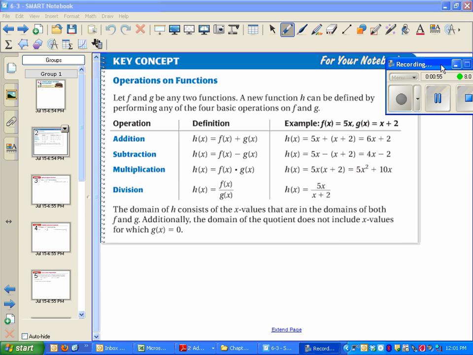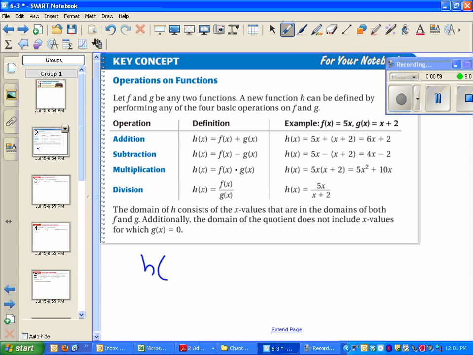So with division, we'll take h of x, for our example, 5x over x plus 2. We want to put any number in for x and get a real number back. So the only thing we're worried about for this one is if we are going to divide by 0. I don't care what happens with the 5x, but I want to look at x plus 2.